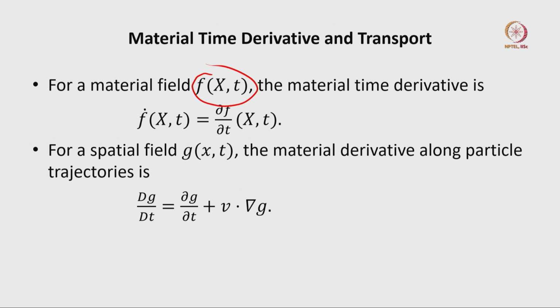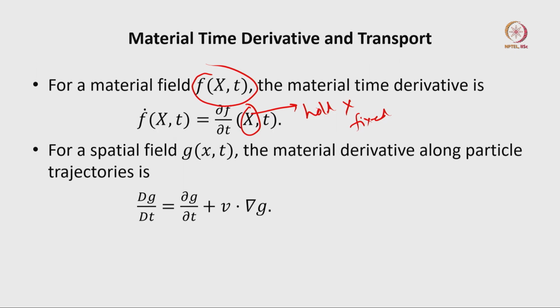Its material time derivative, called f dot, is the partial derivative of f with respect to t. You remember partial derivative, right. There we hold X fixed, because that is the definition of partial derivative. So this is the definition of the material time derivative.